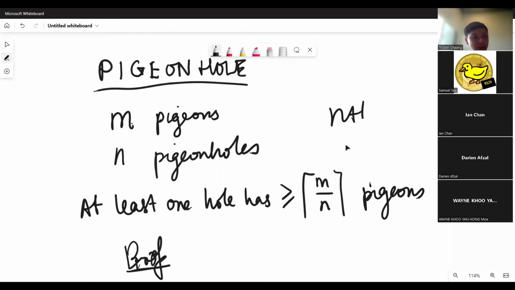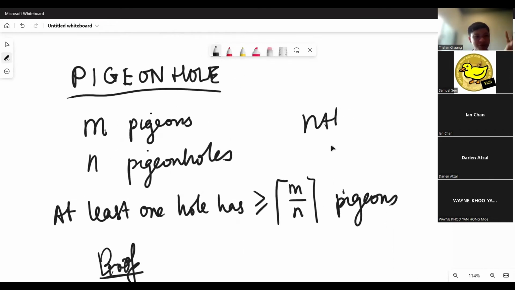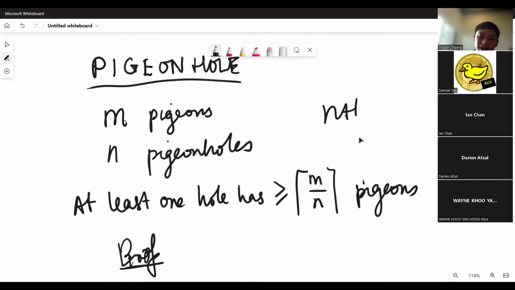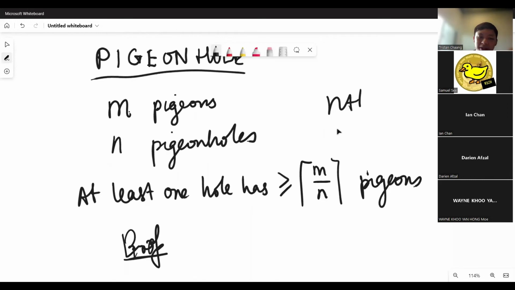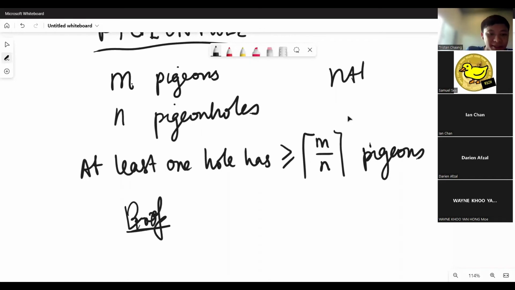I mean, here it's quite obvious, but not all problems allow you to say something is an extreme case, and you have to define what the extreme case is also. So if there are n plus 1 pigeons and n pigeonholes, at least one has 2 pigeons. Why? Assuming every hole has at most 1 pigeon, then I add them up, I can only have at most n pigeons. That's for the small case.